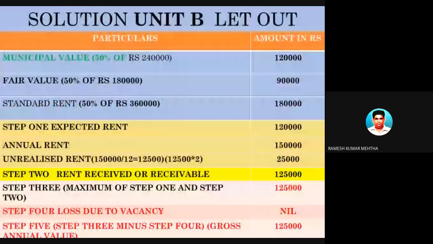Now let's take up the second part of our house property, which is Unit B, 50% of the whole house property, and calculate the income from it.